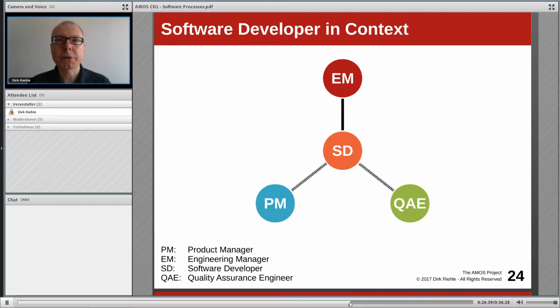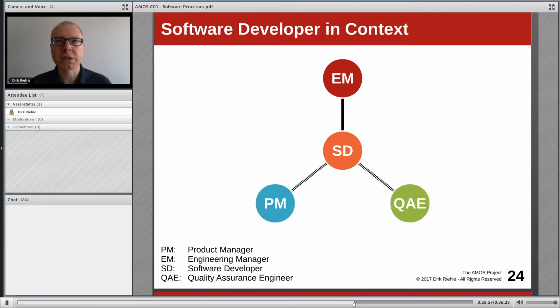So a software developer has a slightly more narrow set of communication partners, smaller set, and it's mostly the engineering manager, but also the product manager and quality assurance. The engineering manager in classic development tells the software developer what their job is.